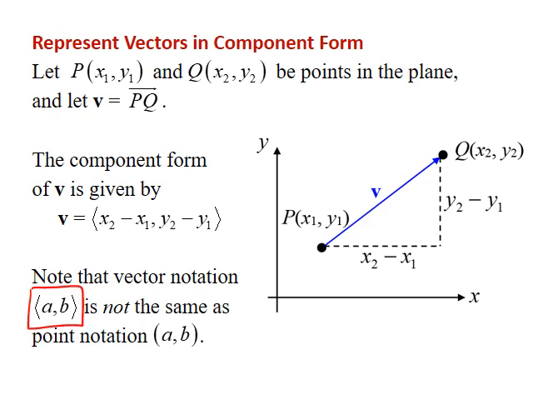It's important to know that vector notation is not the same thing as point notation. But if you're given the initial point and the terminal point of a vector, it can be represented by taking the difference of the x values and the difference of the y values to get that vector notation.